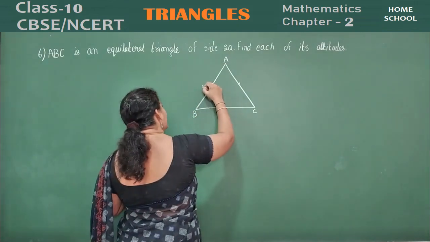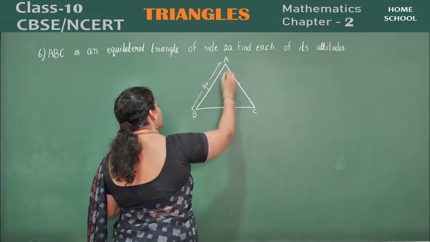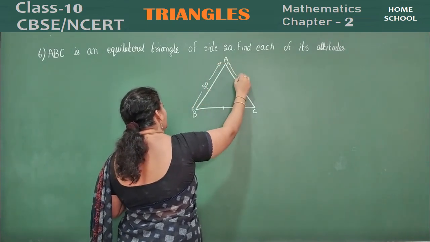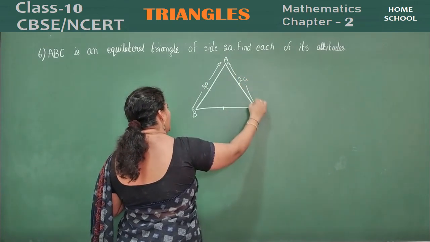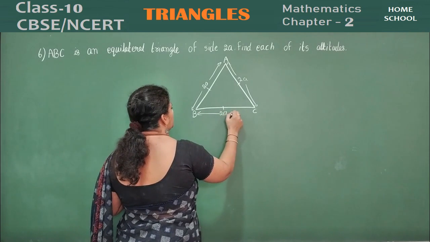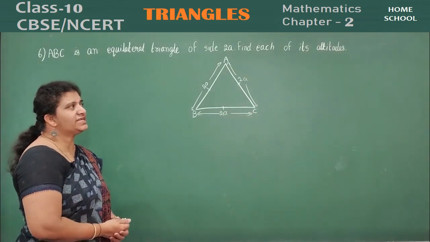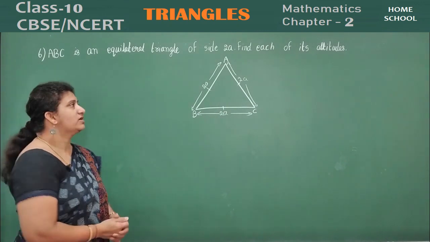So what is the side here? 2A, it's given, children. So let's mark here 2A. Okay. So find each of its altitudes.